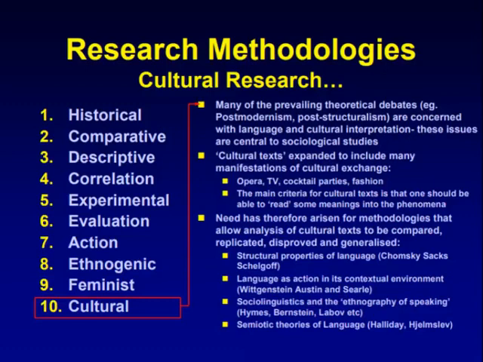Cultural texts expanded to include many manifestations of cultural exchange: opera, TV, cocktail parties, fashion. The main criterion for cultural texts is that one should be able to read some meanings into the phenomena. Need has therefore arisen for methodologies that allow analysis of cultural texts to be compared, replicated, disproved and generalized.